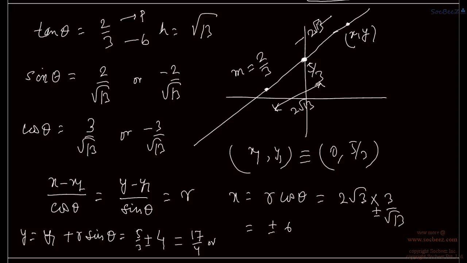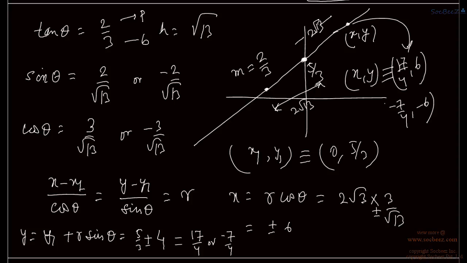Which is either 17 by 3 or 5 minus 12 upon 3, minus 7 by 3, right? So we have points x y as 6, 17 by 3, which is this point actually, and minus 6, minus 7 by 3, which is opposite to this point.